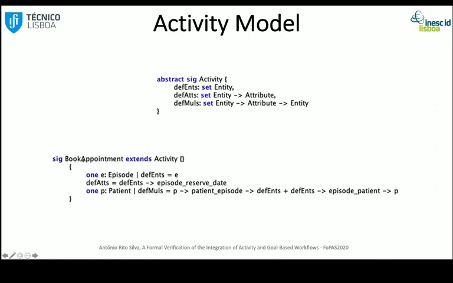The specific part, you say that book appointment, you define an episode, you define for this episode the reserve date attribute, and you need to pick one patient that already exists in the state, and you define the relation between the episode and the patient.